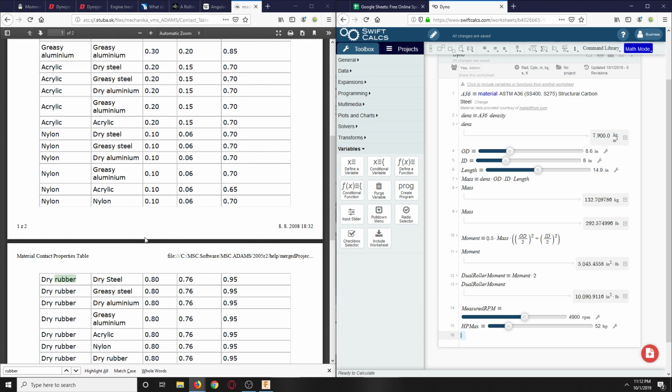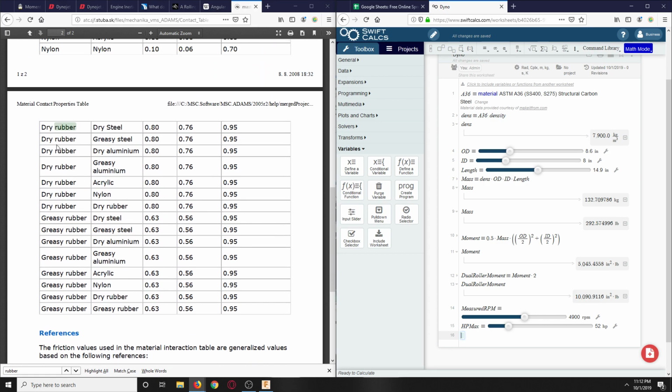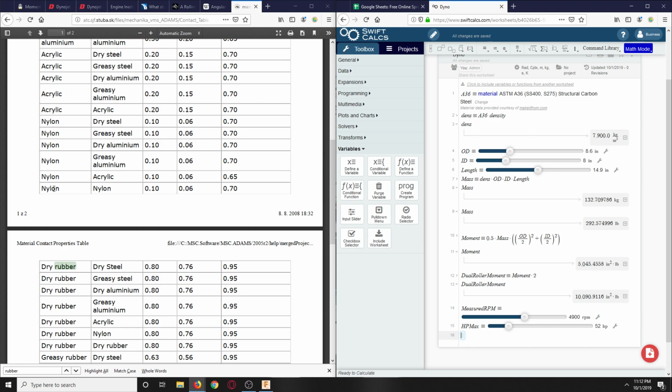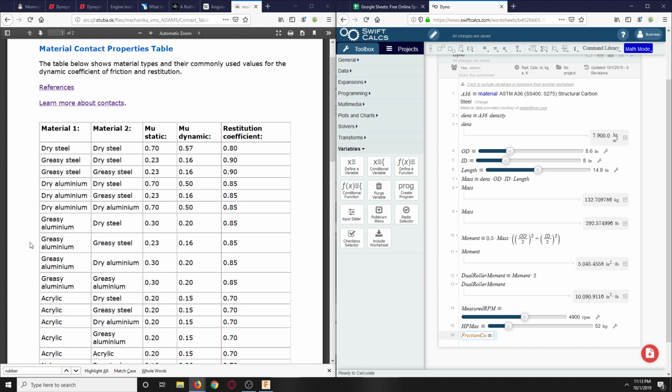So we do see this now. We see dry rubber, dry steel. Anything else? No, dry rubber, dry steel. Okay, so friction coefficient, I'm going to say equals, and then here's where you're going to see where I enter in the value. So we want static.